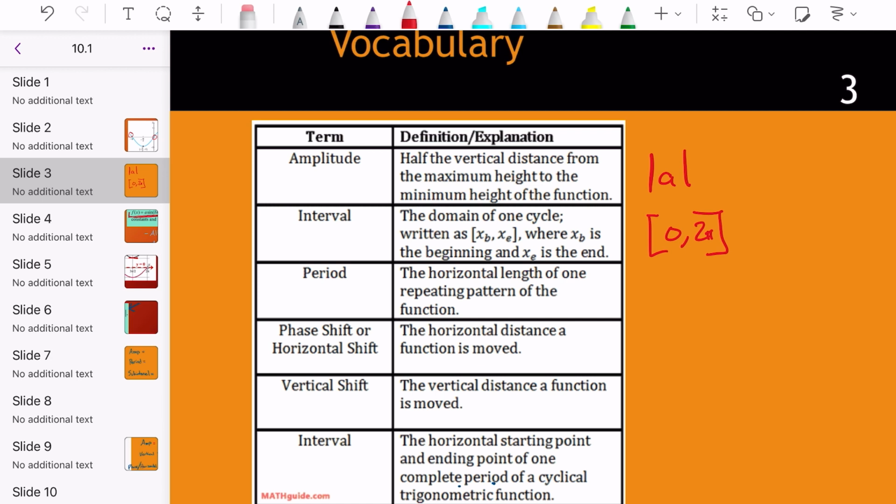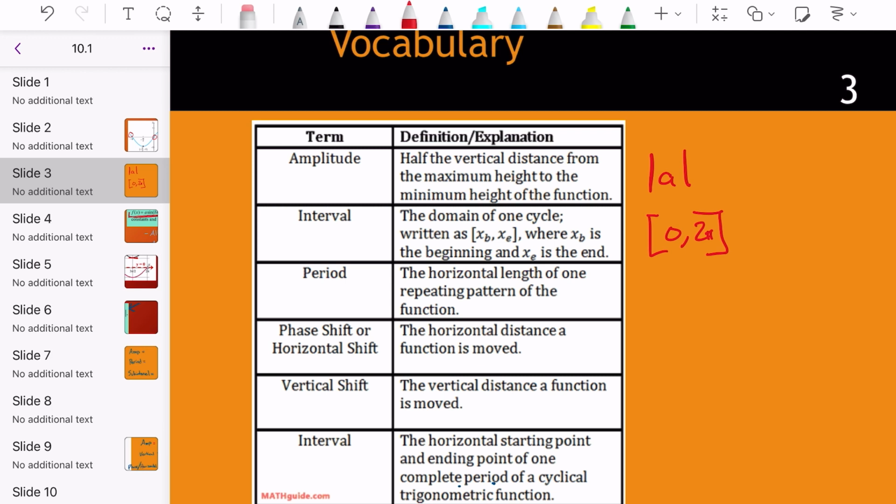Let's take a look at a phase shift or a horizontal shift. A phase shift or horizontal shift is the movement that it makes left or right within that function. Now, it is a movement left or right as far as the entire function being moved. It is not describing how far the horizontal shift moves.